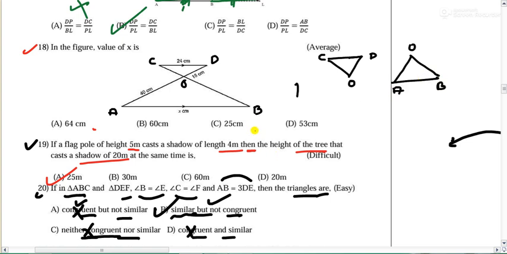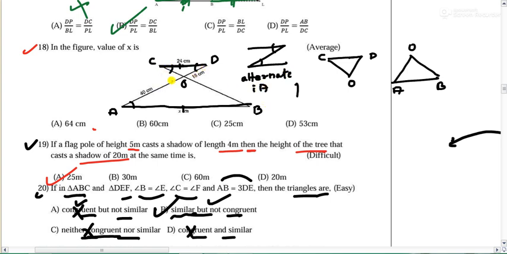Got it? And these two sides, if you look carefully, AB and CD, they are parallel, correct? So these two angles will be equal. Angle D will be equal to angle A. Why? Can you tell me the reason? They are alternate interior angles, which are always equal.